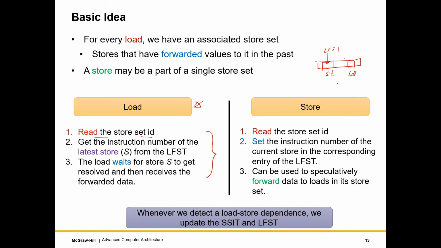So then we can do several things. One is that if this has not been resolved, we wait for this to be resolved and we can check the addresses. The other is we don't have to check for the address. The moment we know what is to be stored, we can do a direct forwarding even before the address of the load has been computed. So several things are possible.